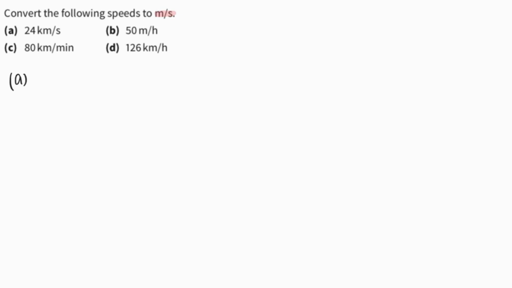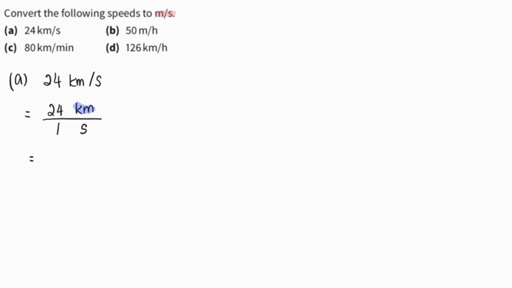This simply means that 24 kilometer per second is equal to 24 kilometer over 1 second. And therefore, to get meter per second, I would just need to convert my kilometer to meter.